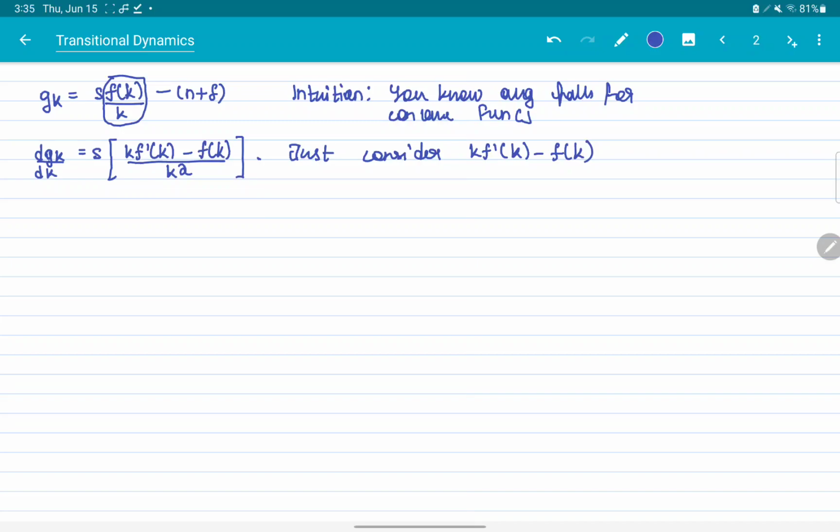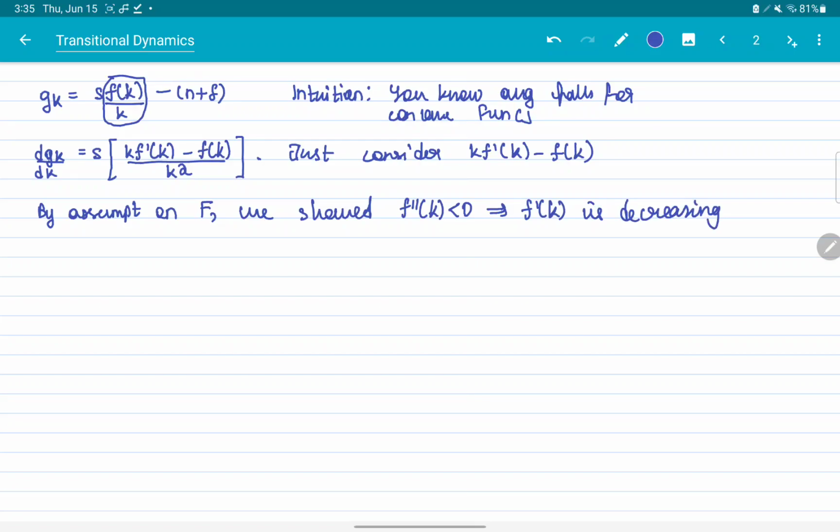So, by assumption on f, we showed that f double dash k is negative, which implies that f dash k is decreasing. We also know f of 0 equals 0.